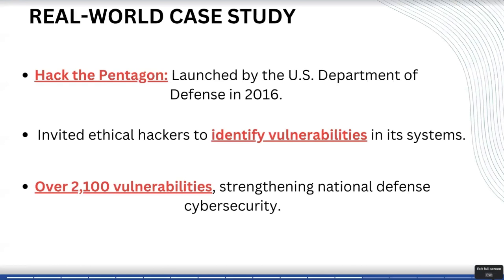You can say it's similar to the bug bounty program, but on a federal level. Government systems are much harder to penetrate, but even so, they found over 2,100 specific vulnerabilities, and this helped strengthen national defense security.